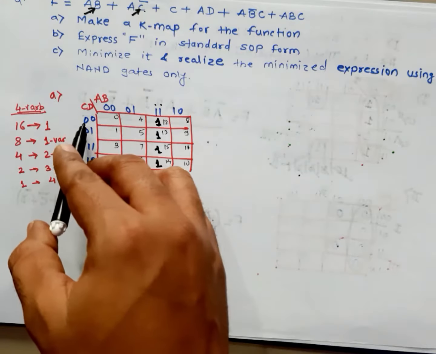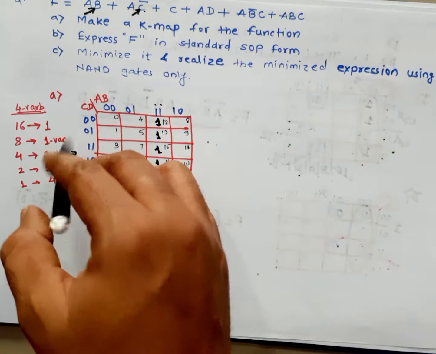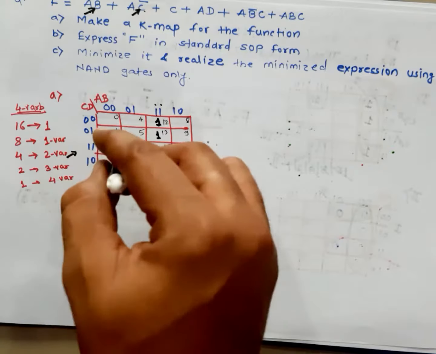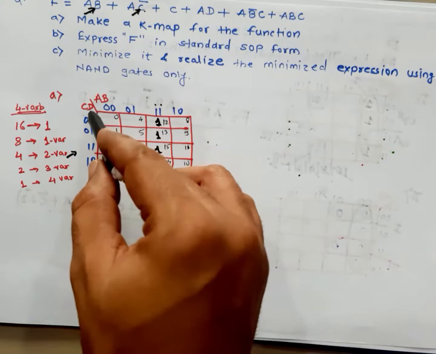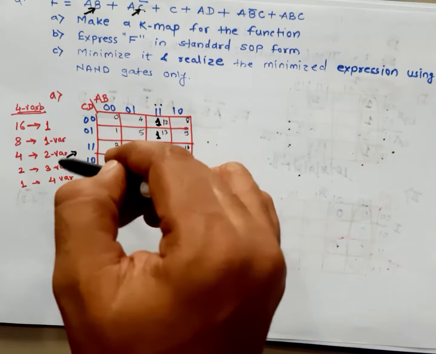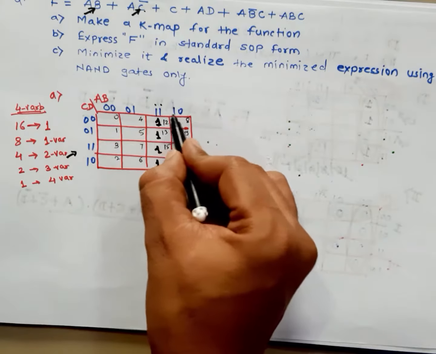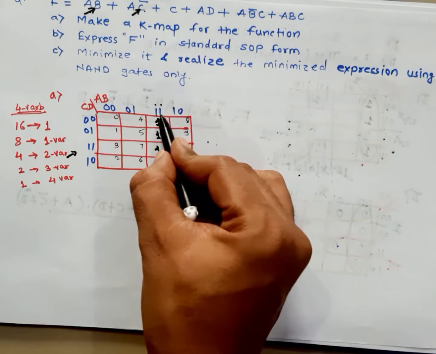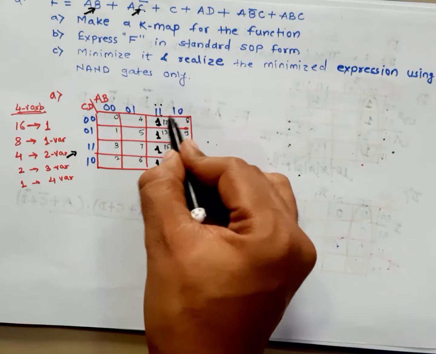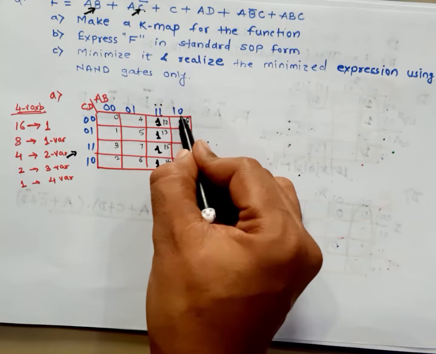C bar is nothing but the value of C should be 0. But in this case, B and D should be eliminated. So how can we eliminate them? Now consider these two columns. The A value is 1, but if you consider B, B gets eliminated because of the 1 and 0 values.